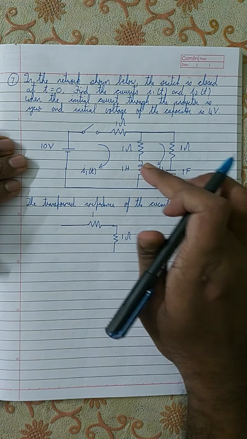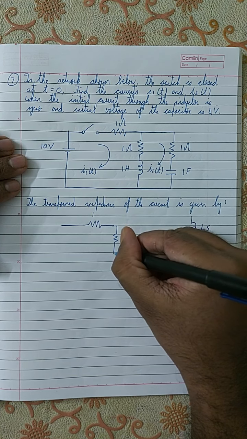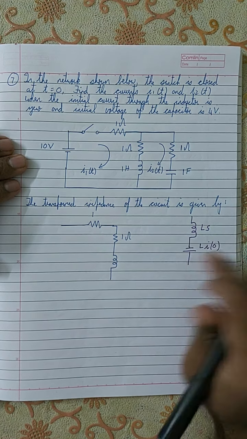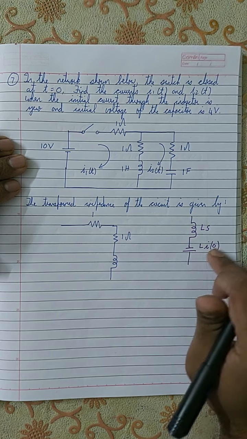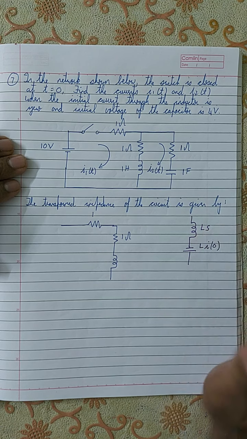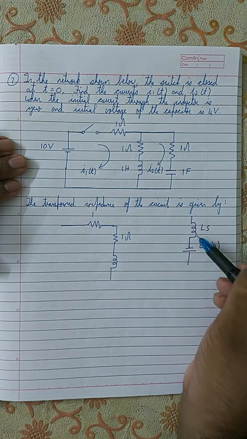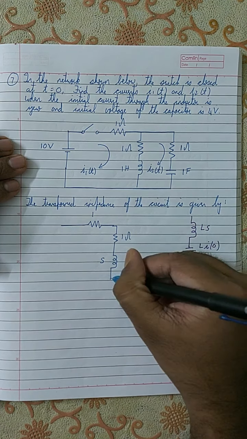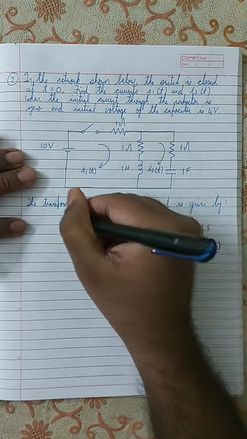So the Laplace transform of this inductor is simply an inductor with no positive voltage and no negative voltage, because here the value of the voltage is 0. And Ls, what is the value of L? The value of L is 1, so 1 into s, which is s. This is the Laplace transform of this inductor.